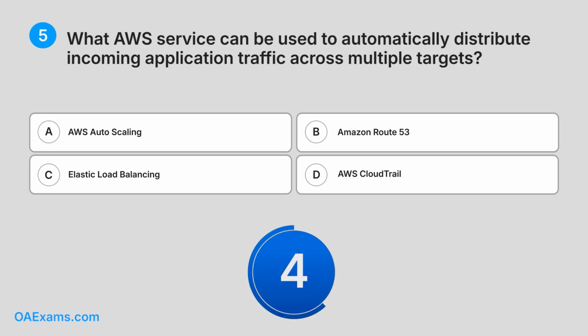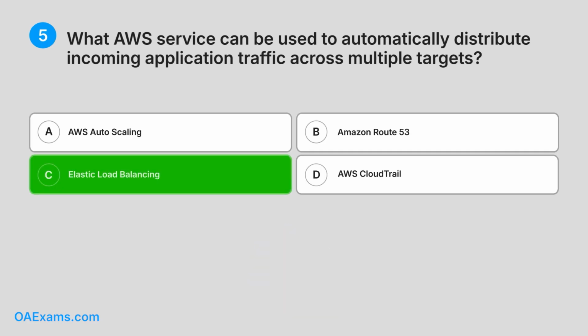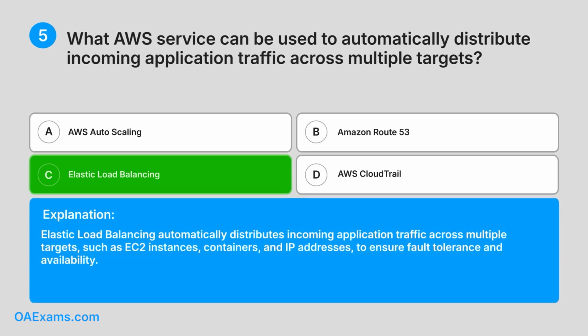Can you guess the answer? Correct answer: C. Explanation: Elastic Load Balancing automatically distributes incoming application traffic across multiple targets, such as EC2 instances, containers, and IP addresses to ensure fault tolerance and availability.